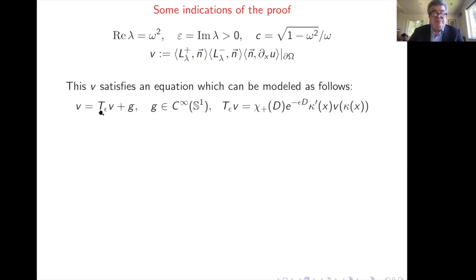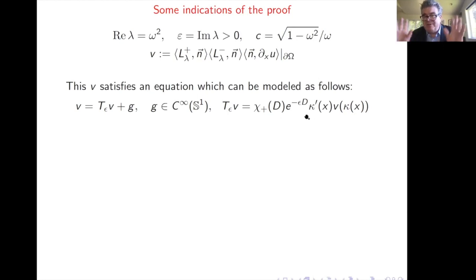It satisfies the following equation. V is equal to T epsilon V plus G, where G is smooth. This G comes essentially from the forcing term F. You solve it, and you get some smooth function restricted to the boundary. And then the hyperbolic structure, if you like, of the operator gives this T epsilon as the following Fourier integral operator.